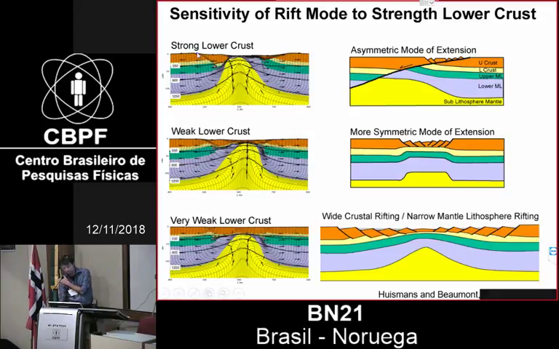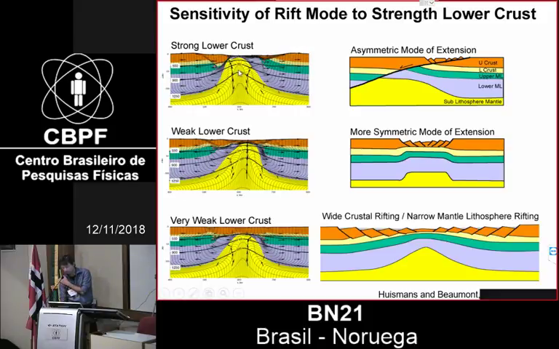In the top case, which is basically a zoom up from the central part of this model domain, after about 120 kilometers of extension, we see that the continental crust and the mantle lithosphere are broken up, and here we have basically a passive margin with an oceanic spreading system, if you wish.